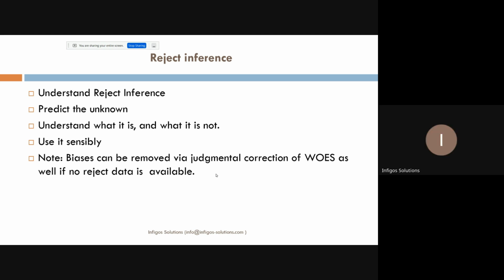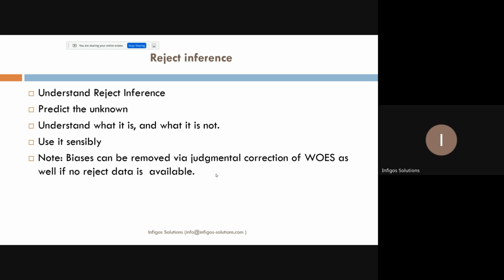The thing is, in case there is a bias, which means you have 100 customers who came to you. Out of 100, you accepted 80. You got a history of 80, but 20 customers have been rejected and you don't have any history. You make your initial model on the 80 customers.